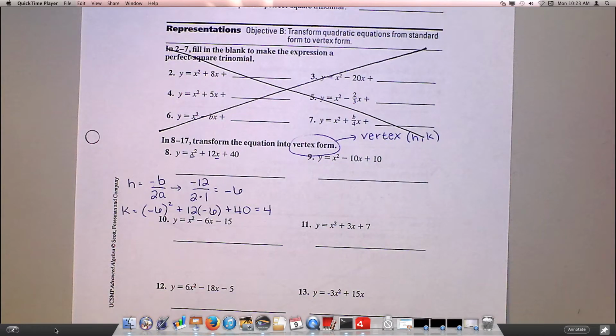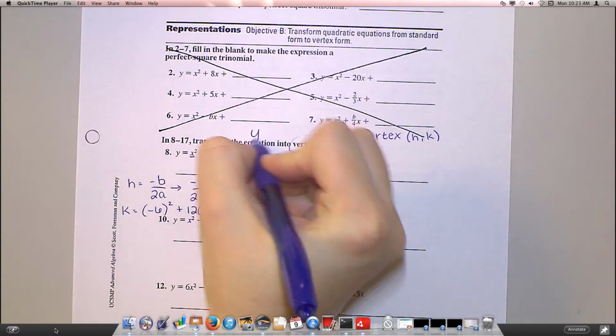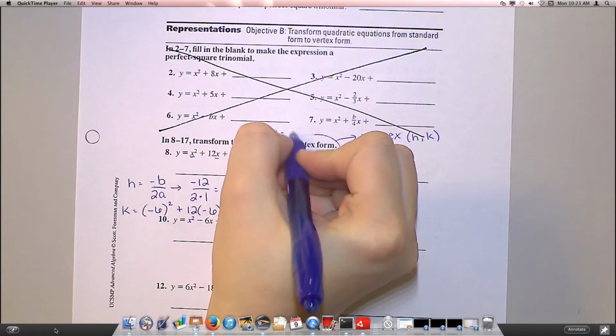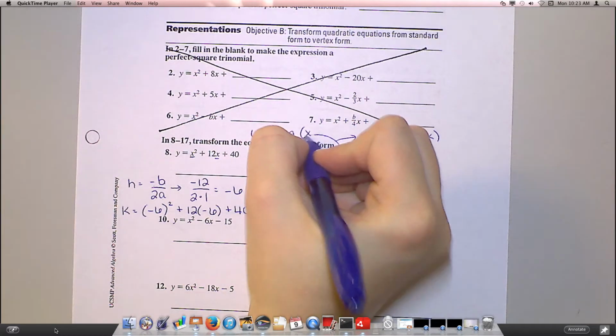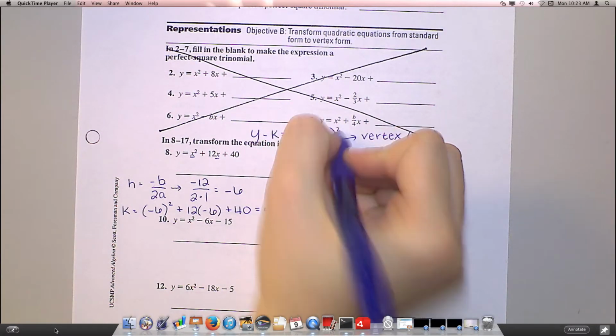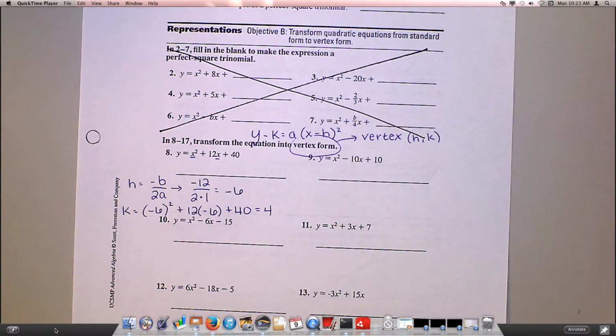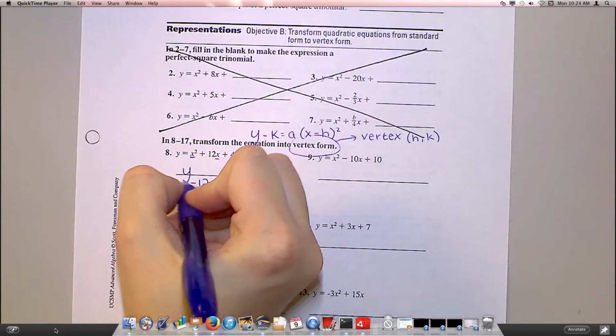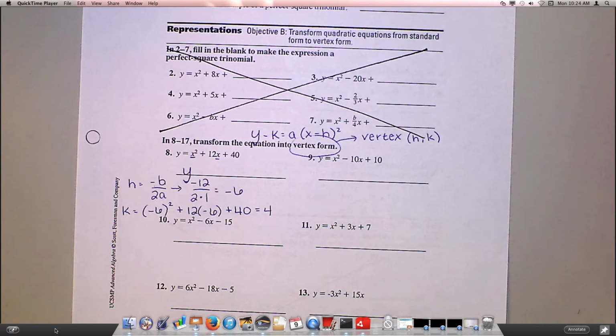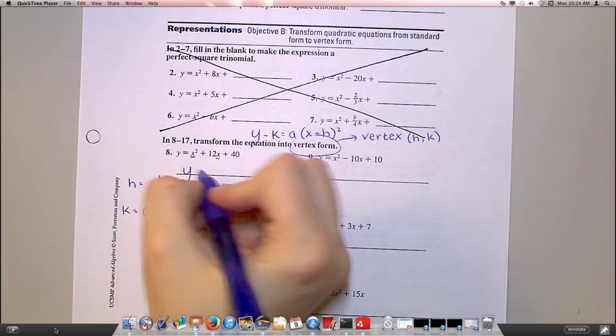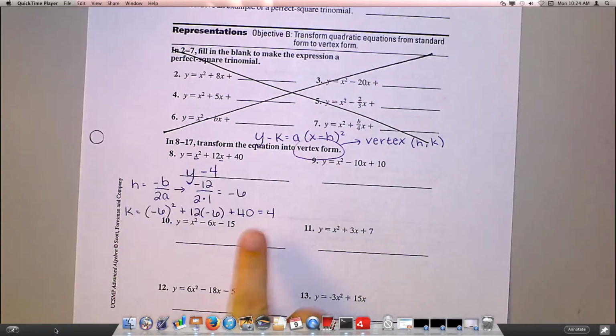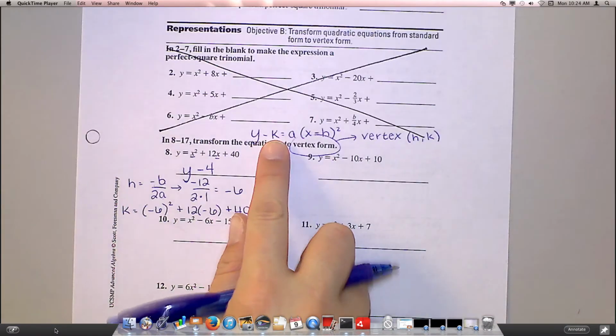Okay, and now I have to write it in vertex form. Remember, vertex form looks like this. Y minus K equals A times X minus H squared. So I'm going to write Y what? Minus 4, yep. Because I just found that my K value was 4, so Y minus 4.